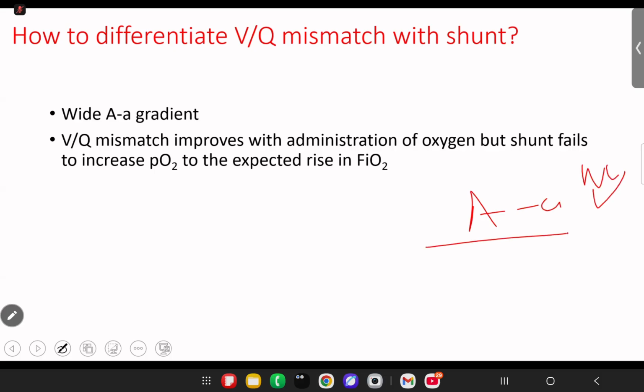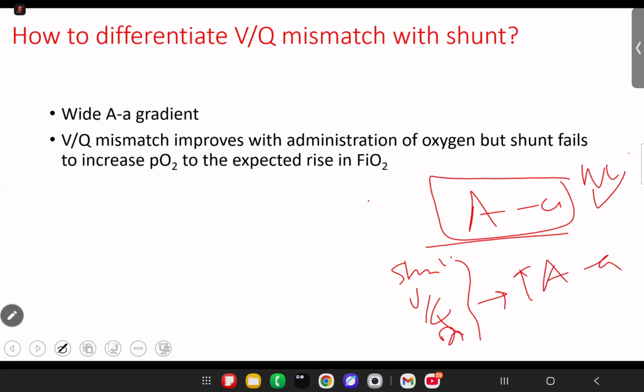All the other causes like shunt, VQ mismatch, and diffusion will have a high or wide AA gradient. So hypoventilation is the only one which causes a normal AA gradient.